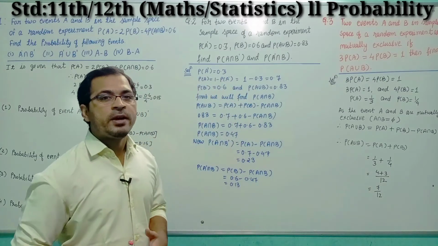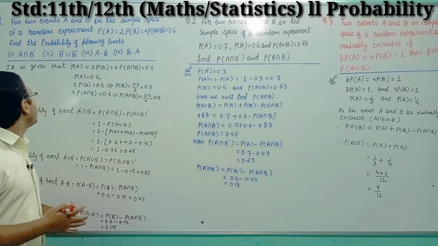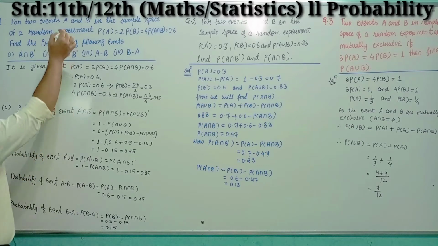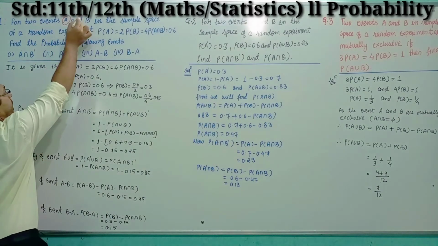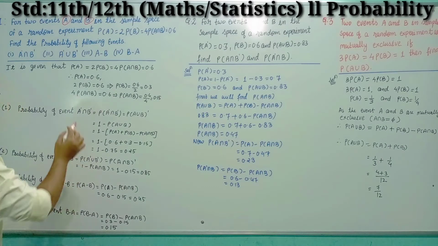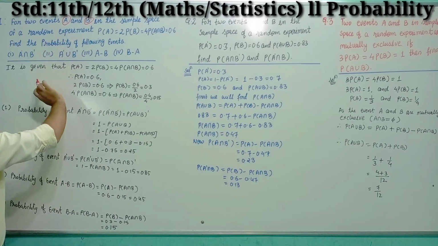Okay students, in the very first question you can see that two events A and B are given in the sample space of a random experiment.